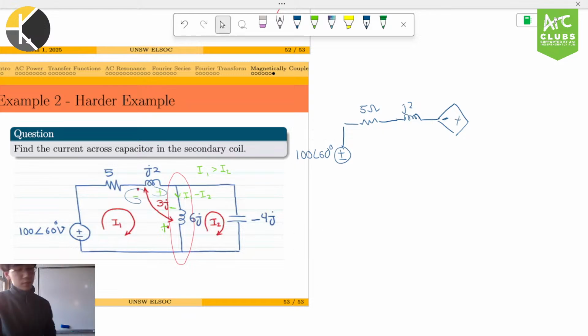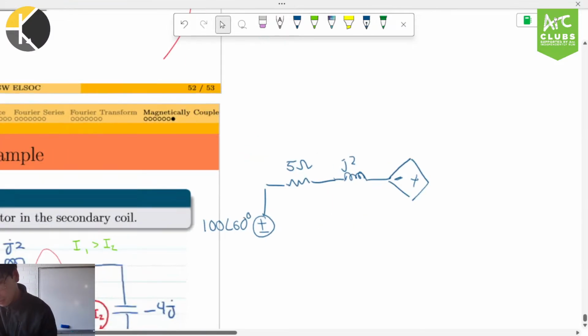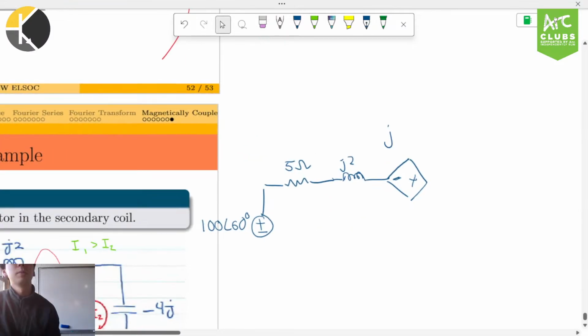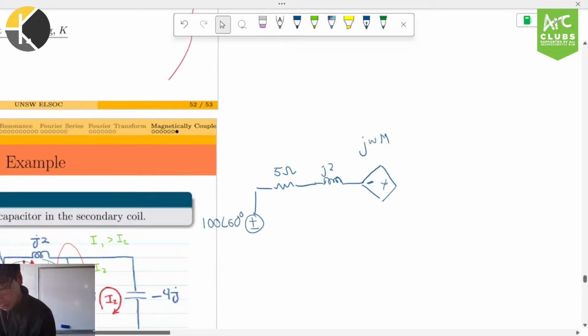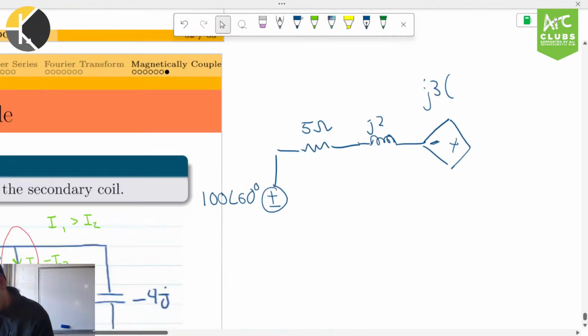And the magnitude of that voltage source is going to be what we calculated earlier, which is j omega M times the current of the other magnetically coupled coil. So in this case, j omega M is equivalent to 3j. So this is going to be j3, and the current flowing through the other coil is going to be I1 minus I2. So I'm going to write that as I1 minus I2.